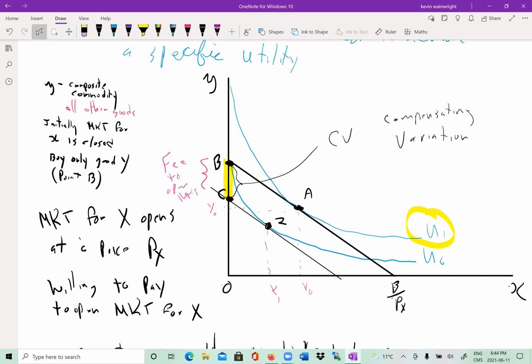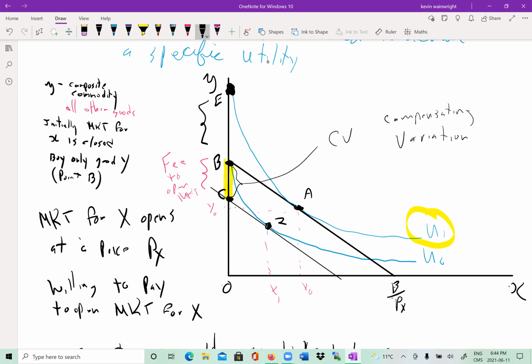Now, how do I get U1 without opening the market for X? Well, I increase the amount of Y's while keeping X at 0. We'll call that point E. And if I give you B to E of other goods, then you're as well off at E as you are at A. So you're indifferent.